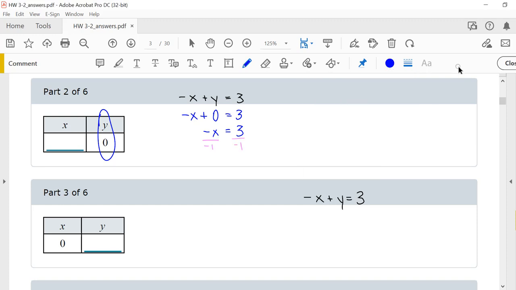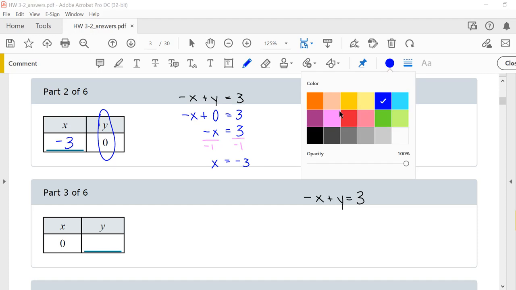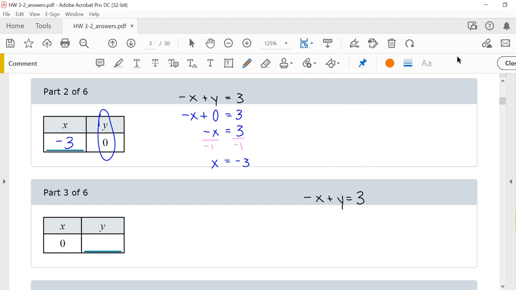And x will equal negative 3. For the next group, x is 0. So I have negative 0 plus y equals 3. Negative 0 is the same as 0. 0 plus y is just y. So y equals 3.